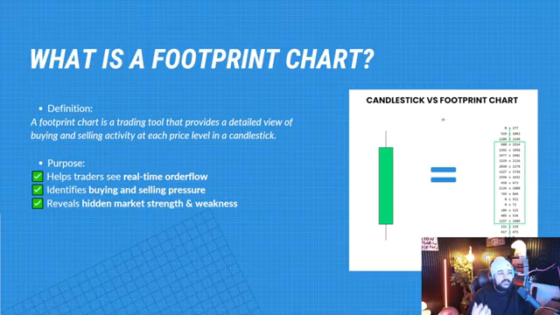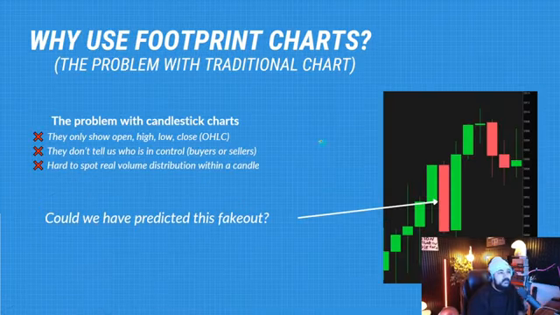A footprint chart is a trading tool that provides a detailed view of buying and selling activity at each price level in a candlestick. It helps you see real-time order flow, identifies buy and sell pressure, and reveals hidden market strengths and weaknesses. So why would you use a footprint chart? The problem with a traditional chart is that it only shows the OHLC, which is the open, high, low, close.